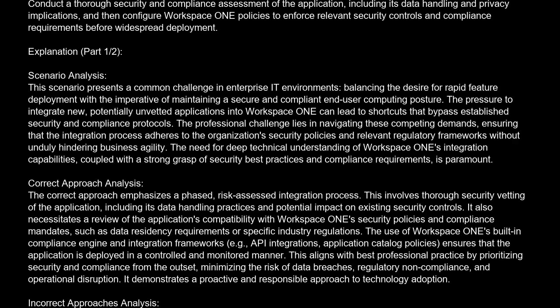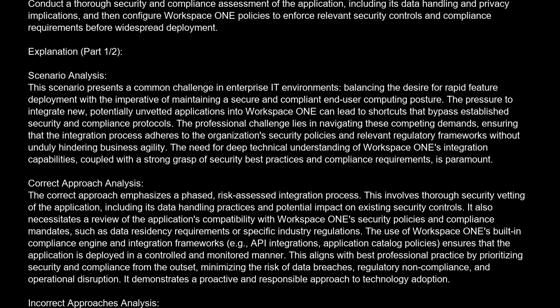The professional challenge lies in navigating these competing demands, ensuring that the integration process adheres to the organization's security policies and relevant regulatory frameworks without unduly hindering business agility. The need for deep technical understanding of Workspace ONE integration capabilities, coupled with a strong grasp of security best practices and compliance requirements, is paramount.